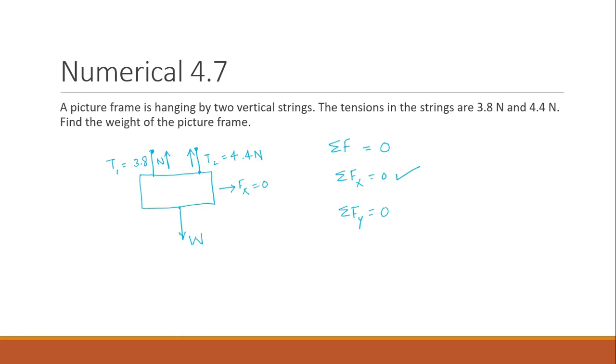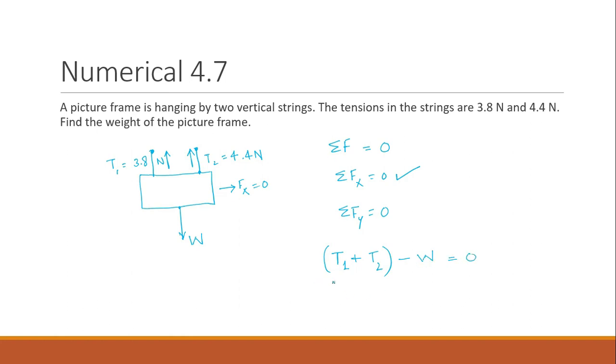By convention, the downward forces are taken as negative and the upward forces are taken as positive. So here, as the tension is in the upward direction, T1 plus T2, these two forces are in the upward direction, minus W, the weight is in the downward direction, should be equal to 0.